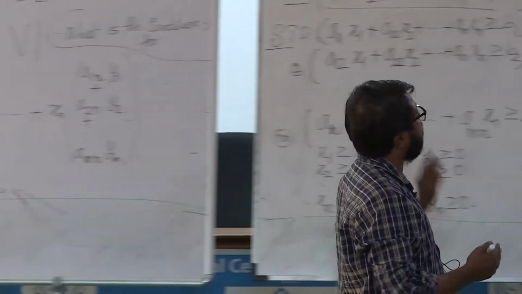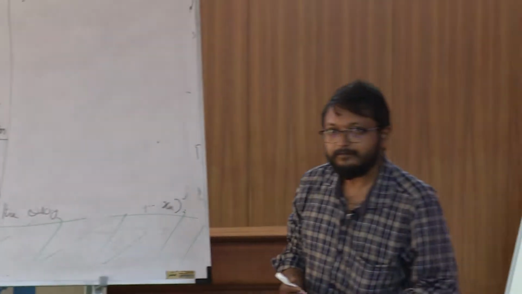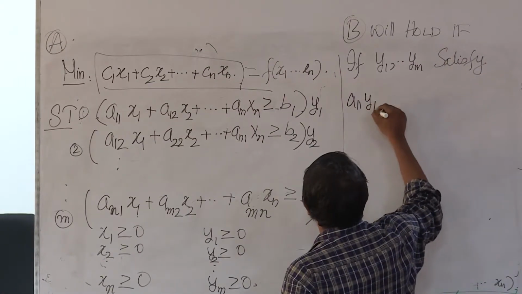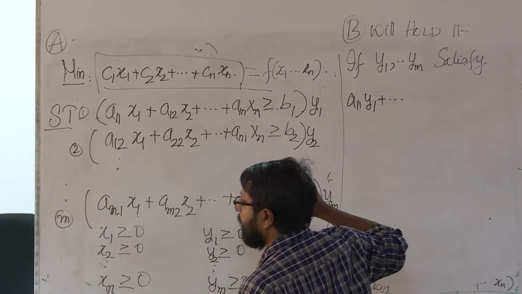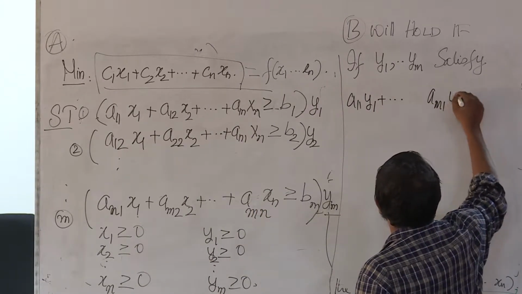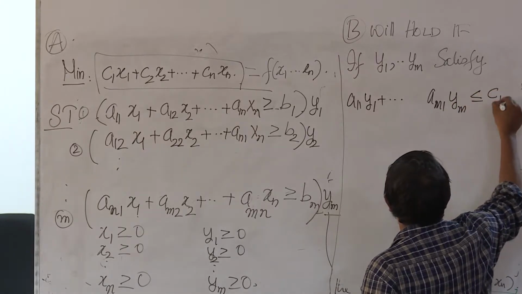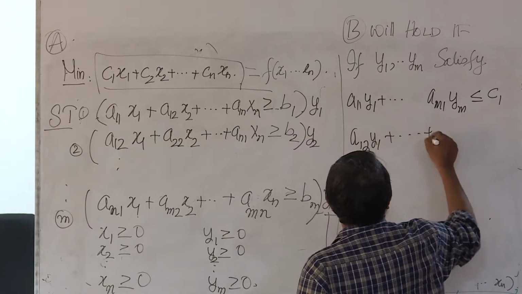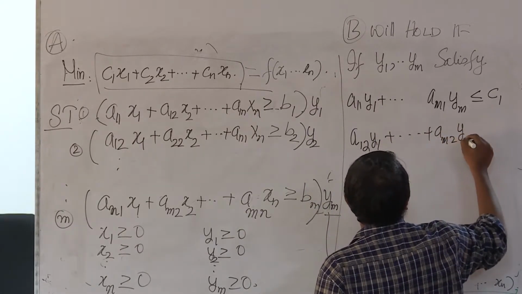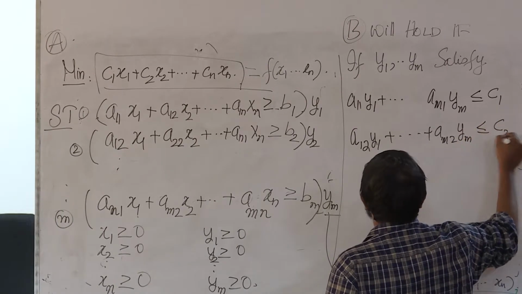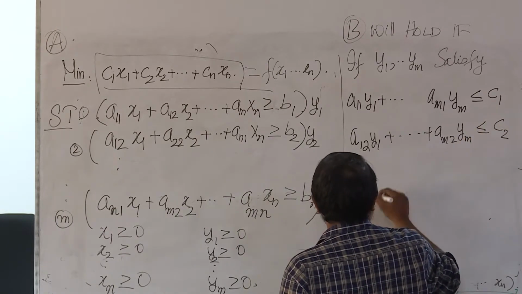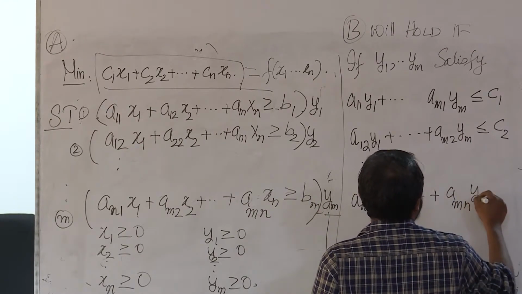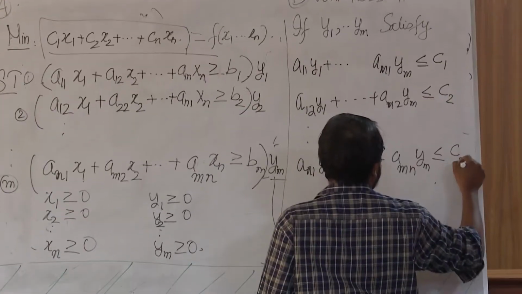So if y1 to ym satisfy a11 y1 plus am1 ym less than or equal to C1, a12 y1 plus am2 ym less than or equal to C2, a1n y1 plus amn ym less than or equal to Cn.